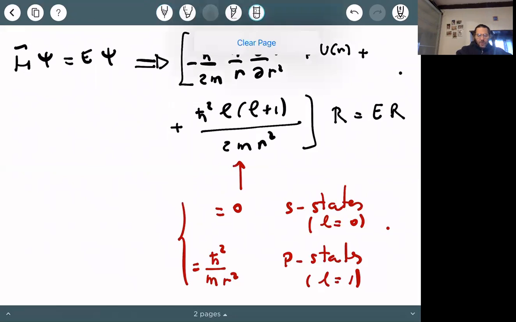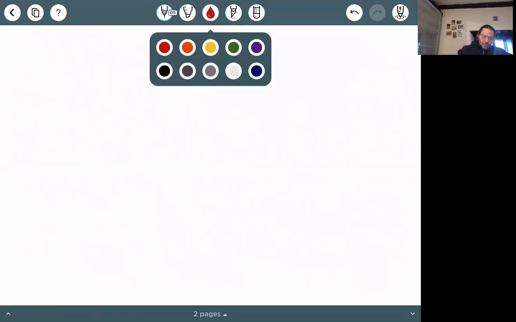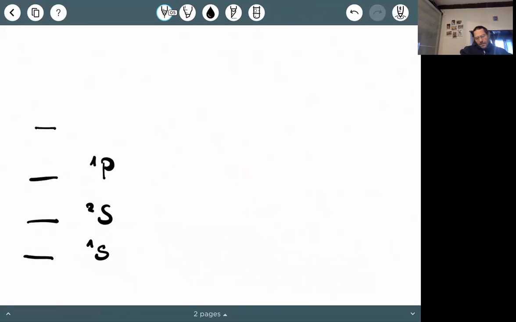And then if you arrange all of them in terms of the energy, and you rank them from the lowest energy to the highest energy, you discover that the ground state is a 1s state, I think it's called. Then you have the second excited state, an S state, then you have the 2p state, and so on and so forth.